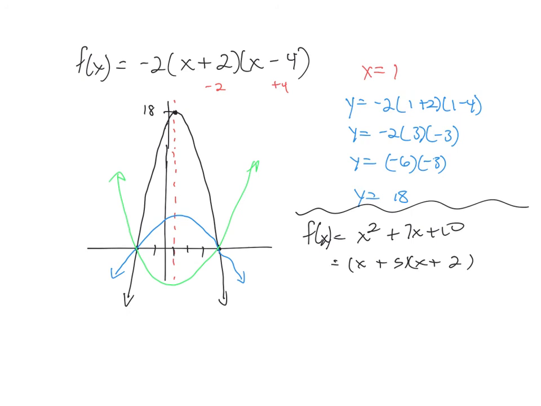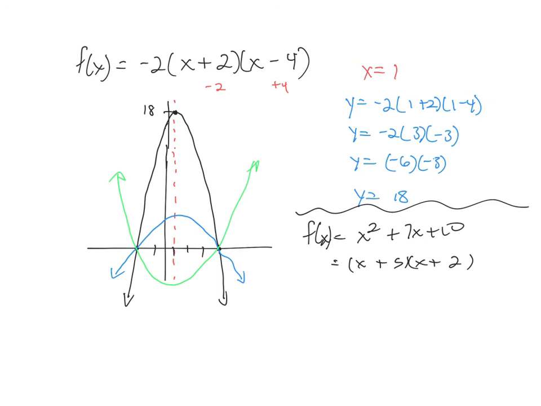And then you could use -5 and +2 as the intercepts, and then keep going. Okay, so 2 of them, no problem. They're set up for you, ready to go, and then 2 of them you need to factor.